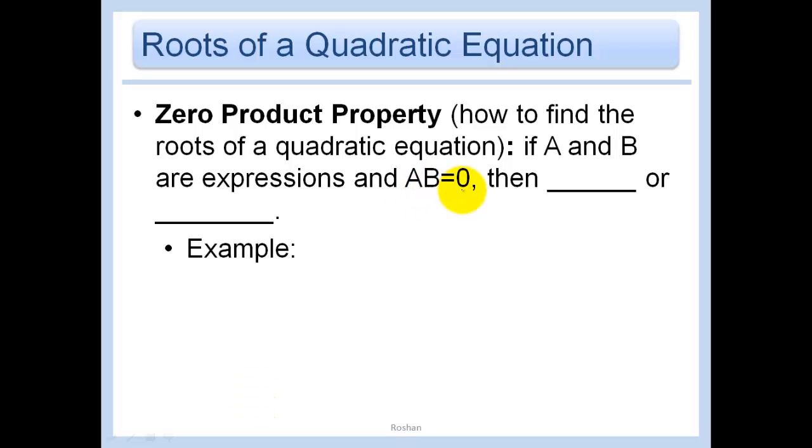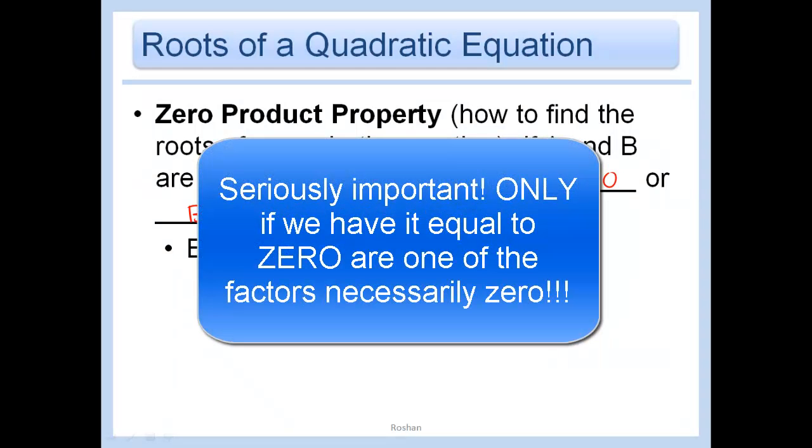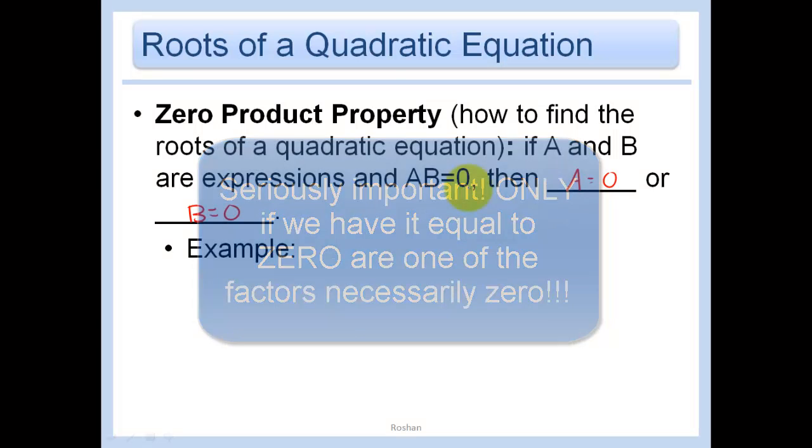If a times b equals 0, then a has to equal 0 or b has to equal 0. And this is very special because only when I have two things multiplied together equaling 0 does one or the other have to be 0. And I cannot stress that enough. Only if it equals 0 are one of the factors necessarily 0.